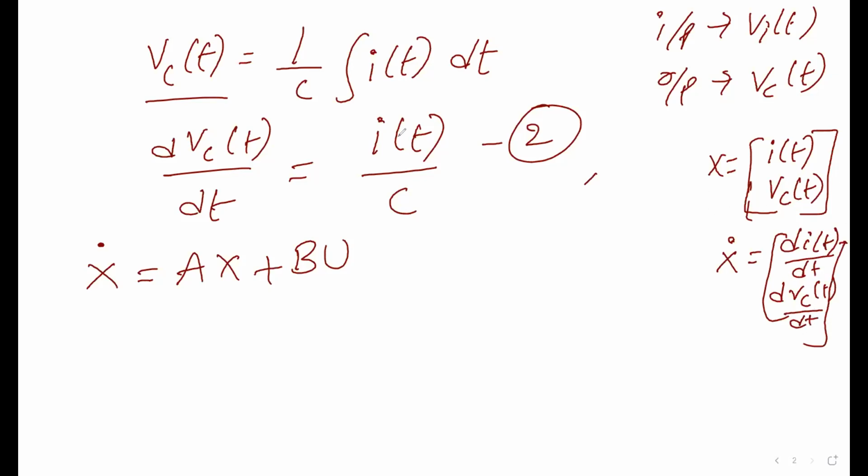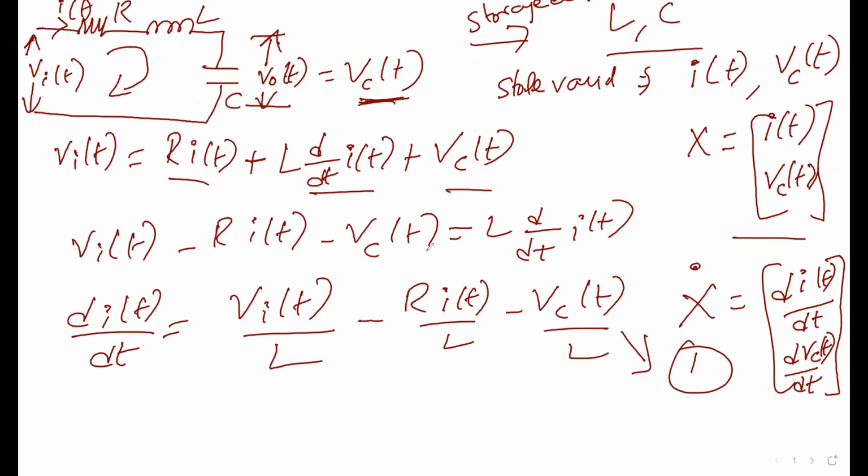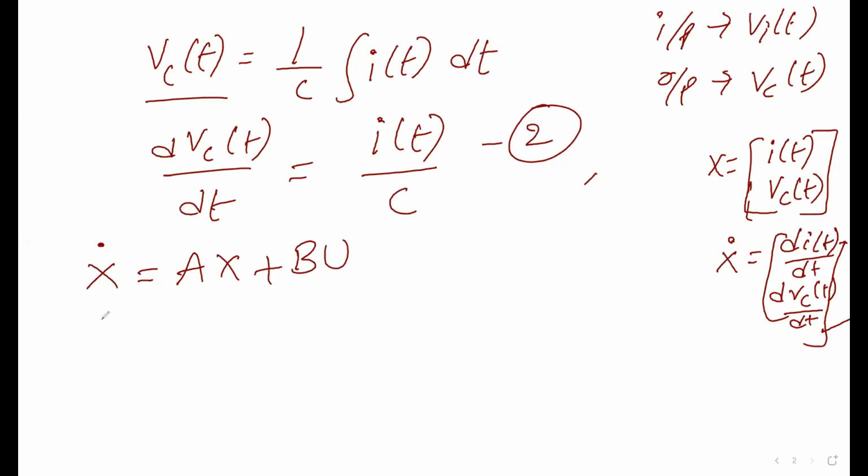We have these two equations. The second equation represented dVc by dt and the first equation represented di by dt. From these two equations, we have to frame the matrices. So first the X dot matrix: di of t by dt, dVc of t by dt.